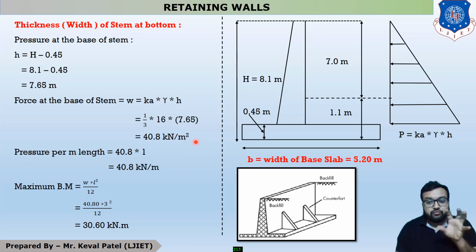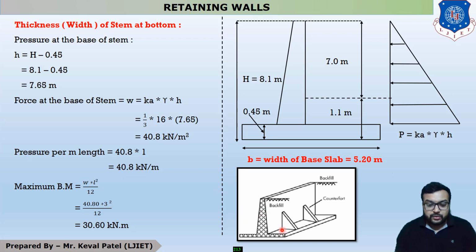But what is the unit of UDL? The unit of UDL is kilonewton per meter. So we multiply this value with 1 because we calculate all the loads per meter length. Okay. So this is 40.8 kilonewton per meter.